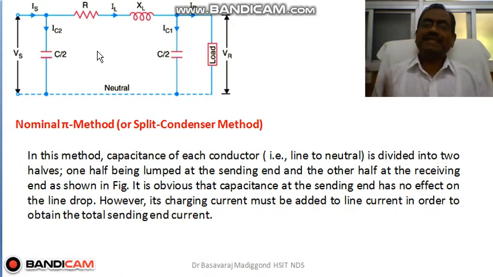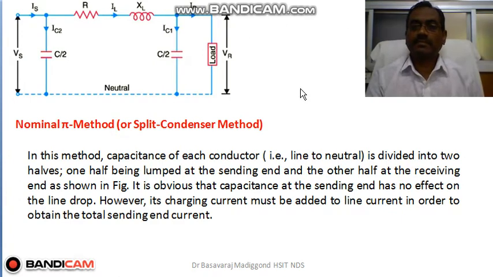VR is known to us, and we need to calculate Vs, that is the sending end voltage. In this method, the capacitance of each conductor, that is line to neutral, is divided into two halves, one half being lumped at the sending end and the other half at the receiving end.